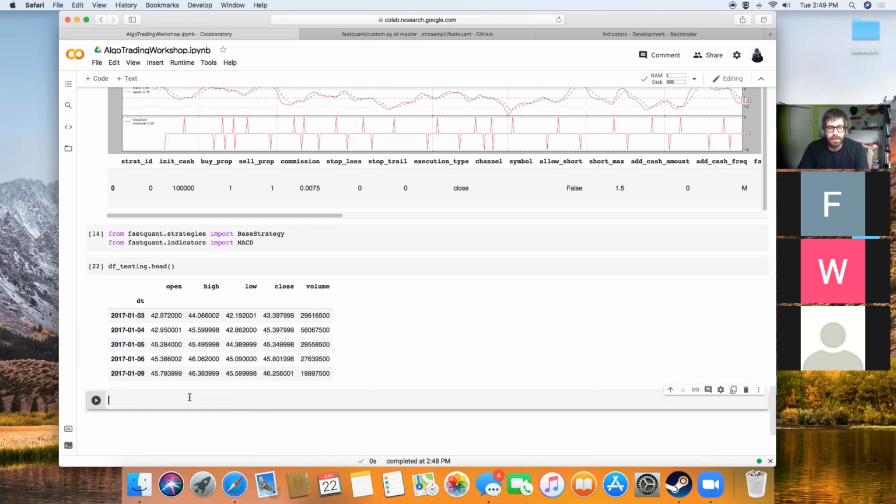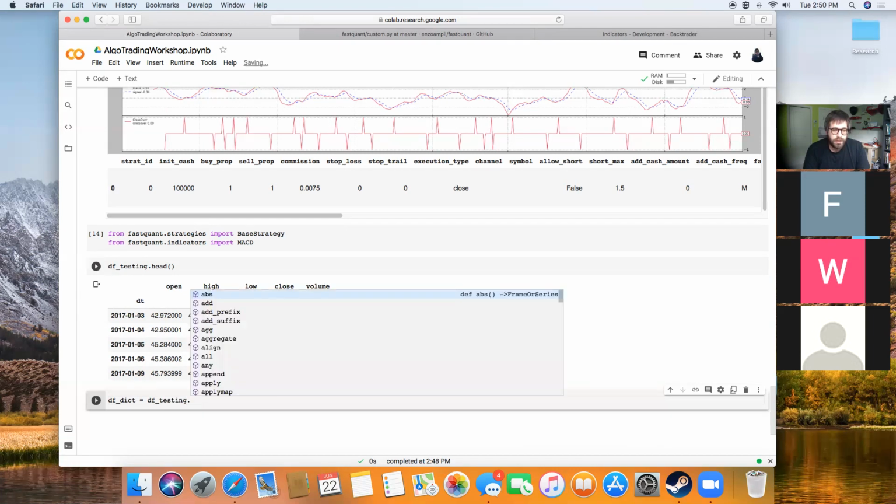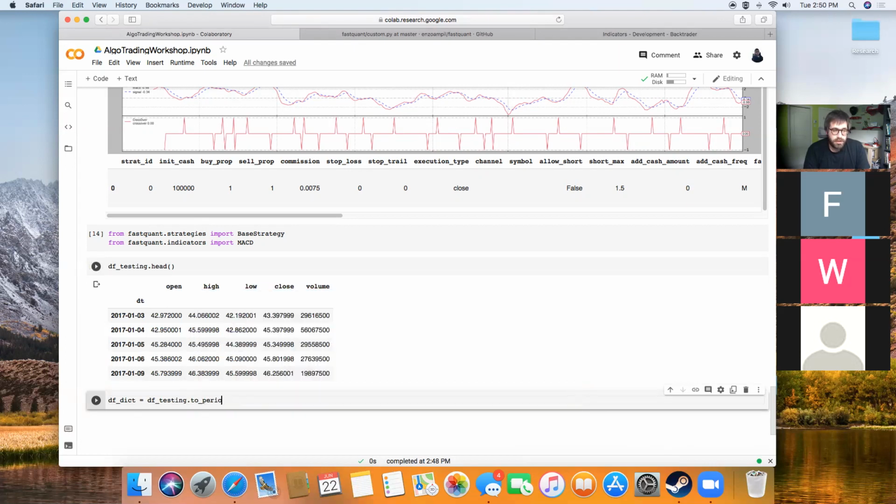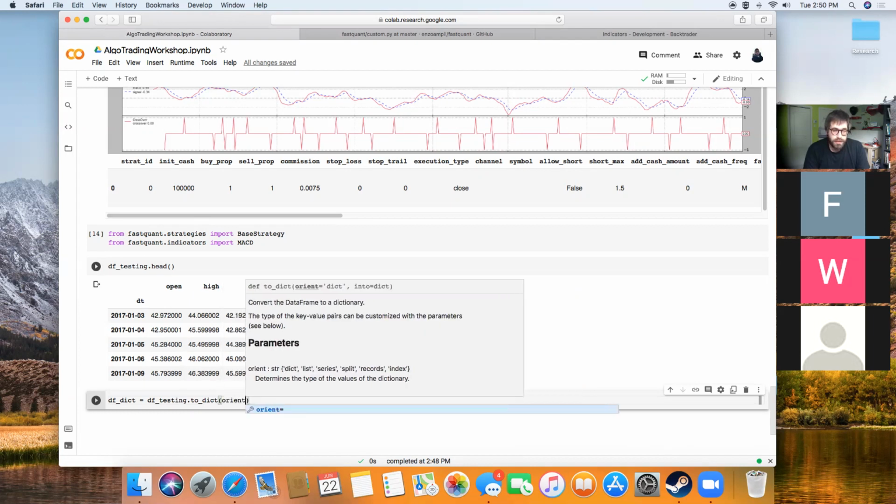All right, good. Okay, so this is our data frame. The first thing I'm going to do is make it a Python dictionary. I want to take the data out of the pandas data frame, so I use to_dictionary and specify it to be lists.